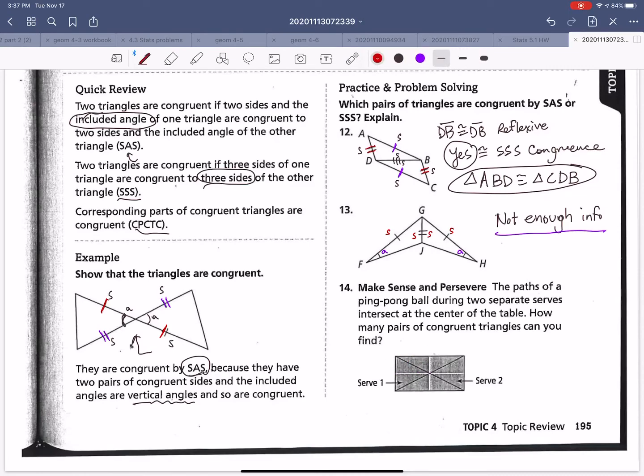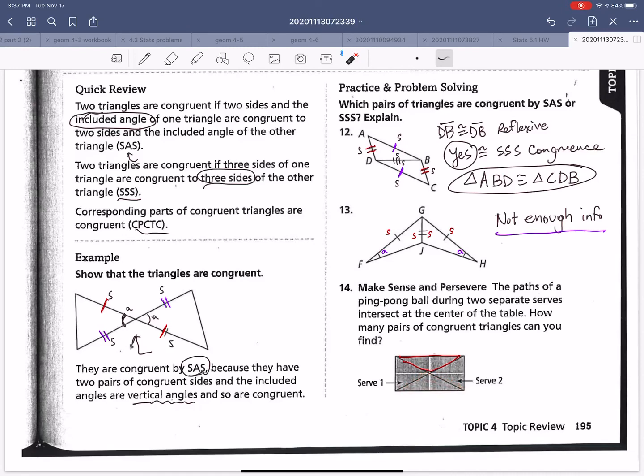I don't know if you noticed, but there's this triangle, right? And that matches this one. And we have this triangle, which matches this one, right?